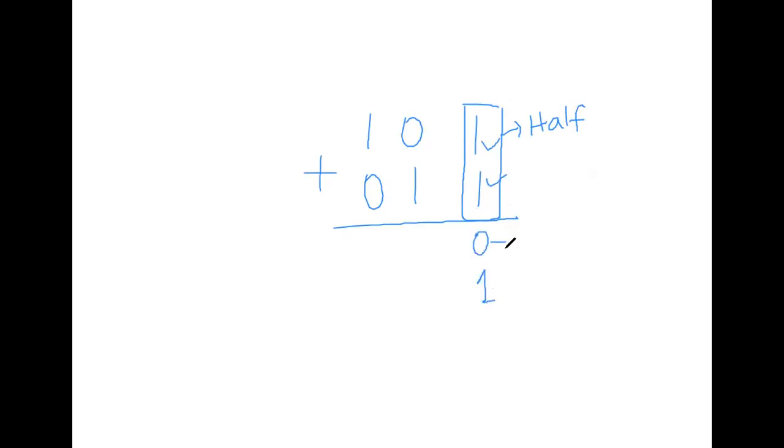This is the sum bit, this is the carry bit. When we go to add the next bit, what will happen? The addition process is that this carry should be added to the next higher bit. But in half adder, there is no provision to add the carry bit.